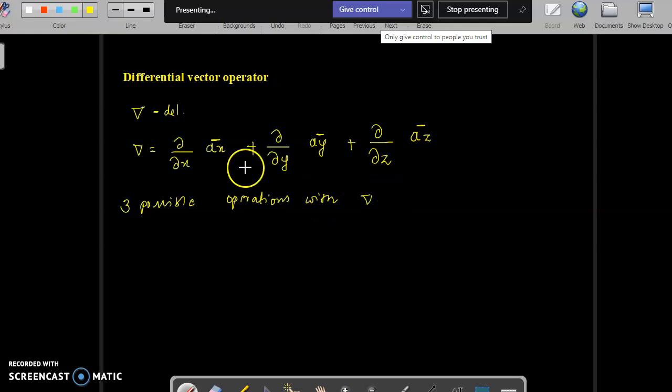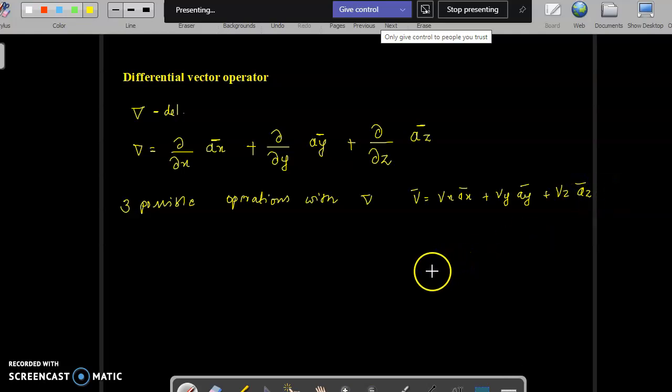Let us take a vector. So V is a vector. We can write V equal to Vx ax plus Vy ay plus Vz az.